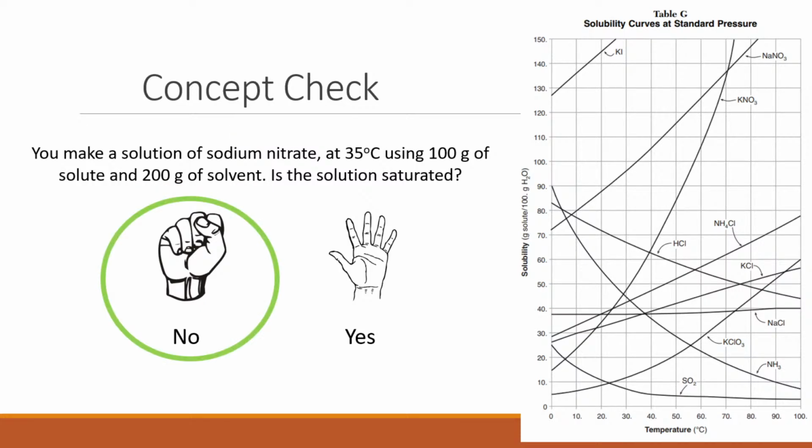Let's break that down. Right, they give us sodium nitrate, which is right here. They tell us 35 degrees Celsius, which is right here. 100 grams of solute, which is right here.